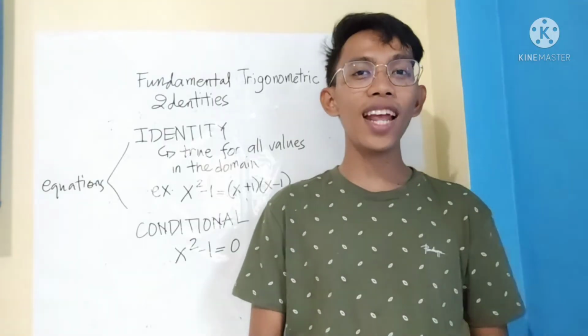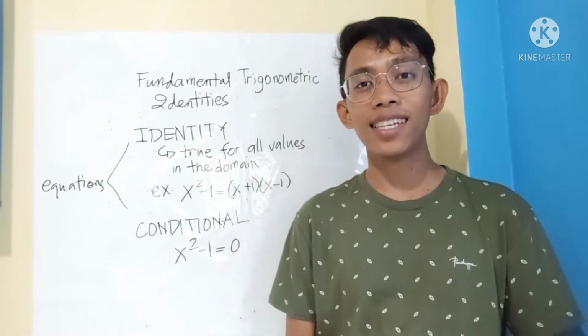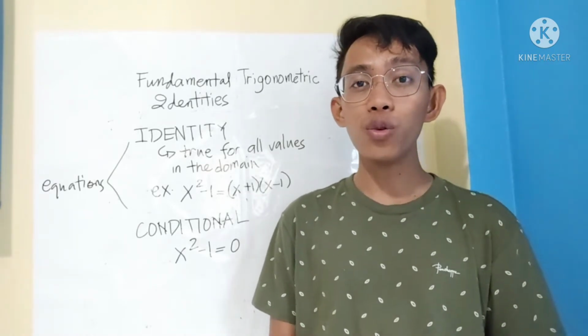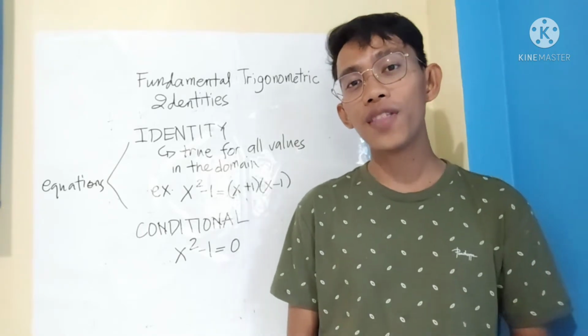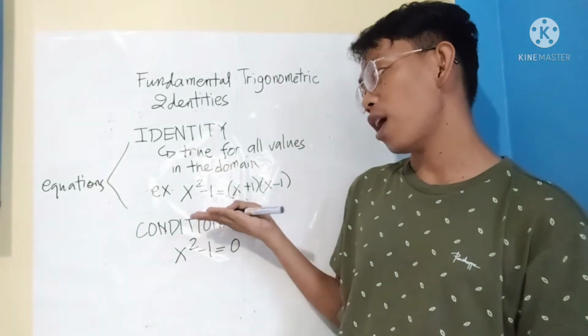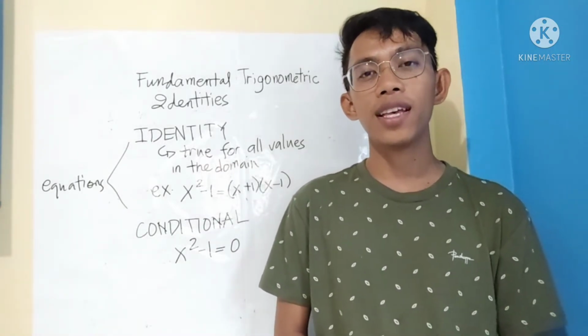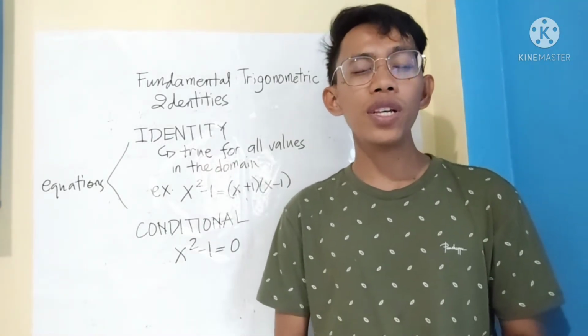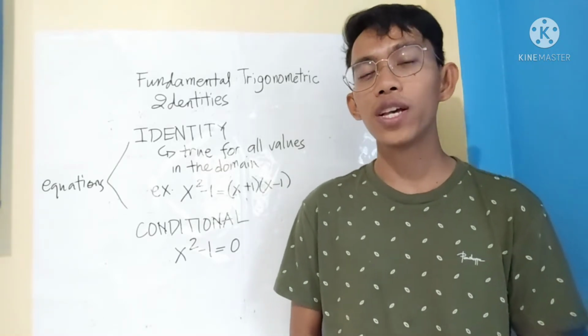First is, i-define muna natin kung ano nga ba ang identity. And we define it as an equation na true for all the possible values in the domain. An example of that is x squared minus 1 is equal to the product of x plus 1 and x minus 1. Sa madaling sabi, kahit ano yung ipapalit natin na value dun sa x, ay palaging true yung equation.